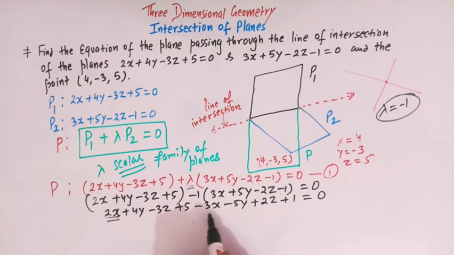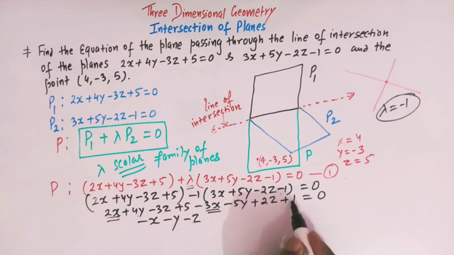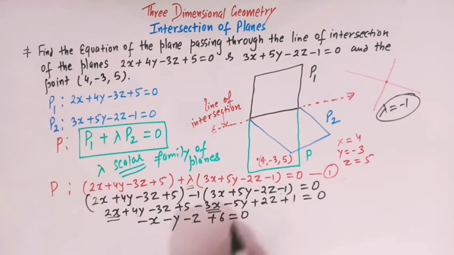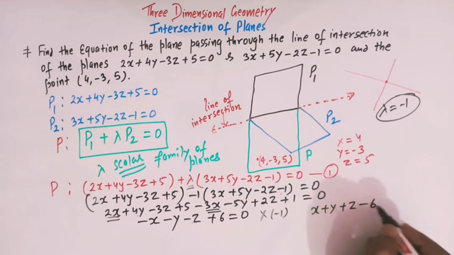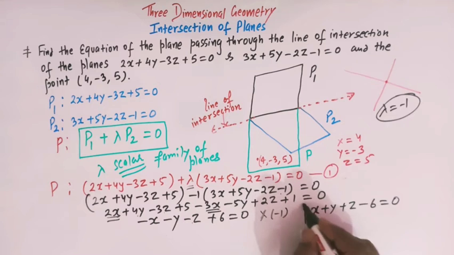So 2x minus 3x is minus x, 4y minus 5y is minus y, minus 3z plus 2z is minus z, and 5 plus 1 is 6, right? And now multiplying both sides by minus 1, we have this equation as x plus y plus z minus 6 is equal to 0, right?